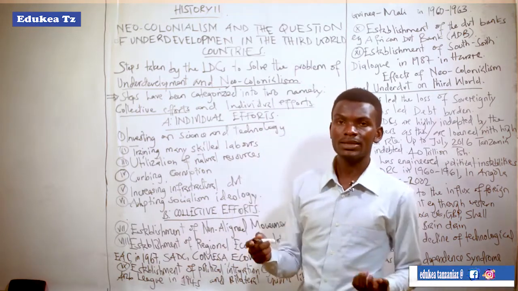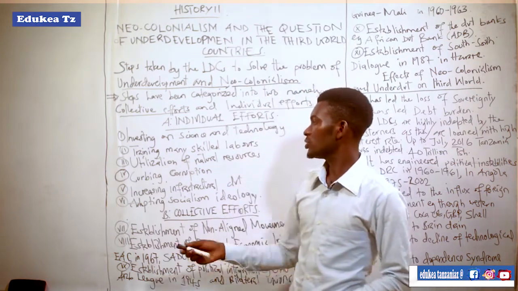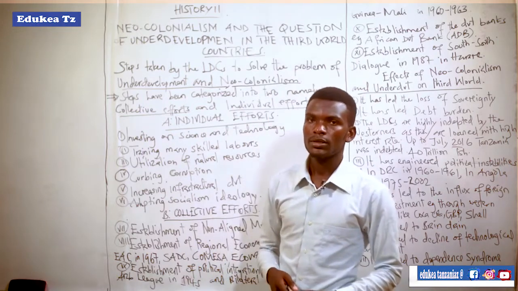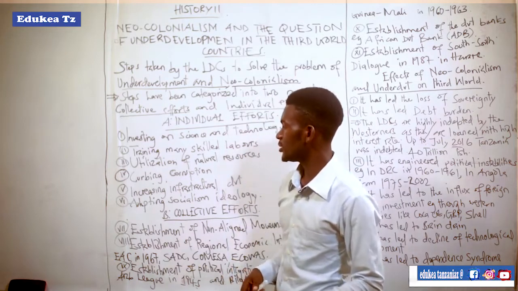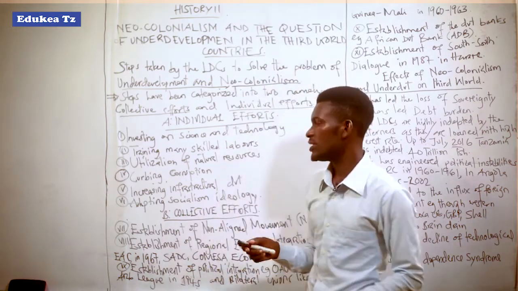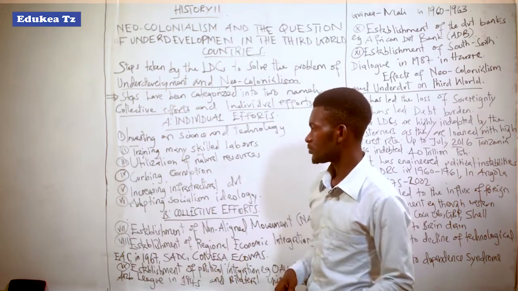For example, Tanzania, as a case study of less developed countries, introduced the PCCB, the Prevention and Combating of Corruption Bureau. At first it was PCB, Prevent and Combat Corruption.